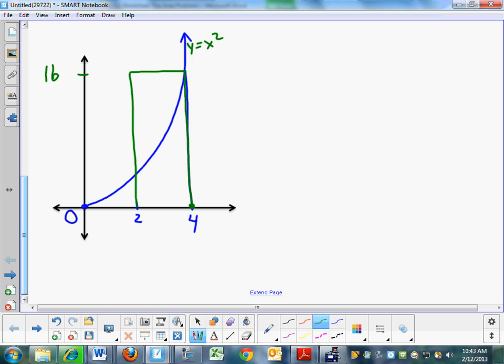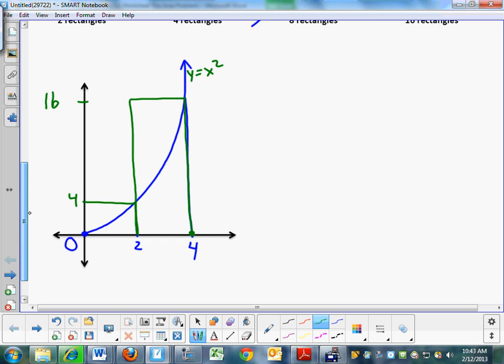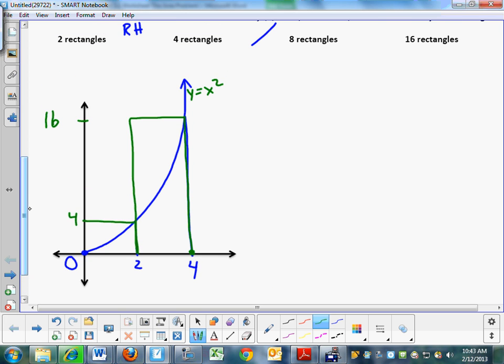So then I go to 2 and I draw my rectangle. Okay? And what's the height of that one? 4. So, it's obviously a very poor approximation. What I need to do is take the width of each rectangle. What's the width of each rectangle?